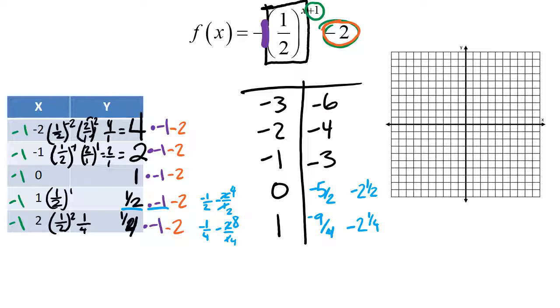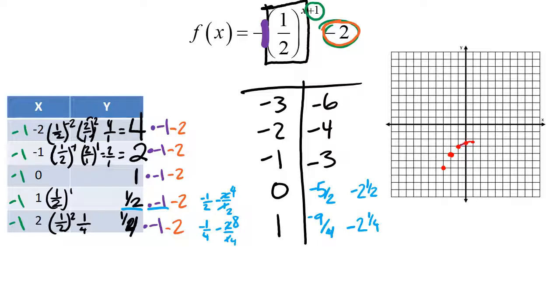All right, let's take a look at graphing this. We know it should be decay because it's less than 1 for my base. So let's see what that looks like. -3, -6. 1, 2, 3, 4, 5, 6. -2, -4. -1, -3. 0, -2.5. 1, -2.25.